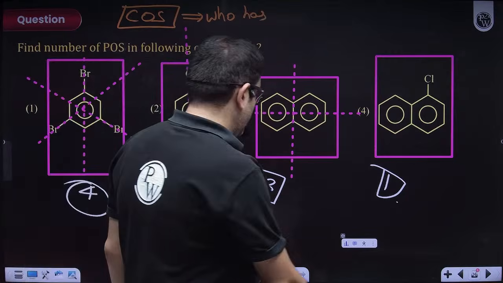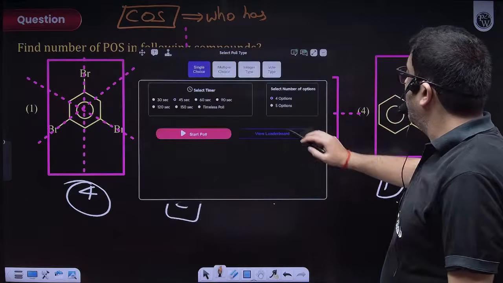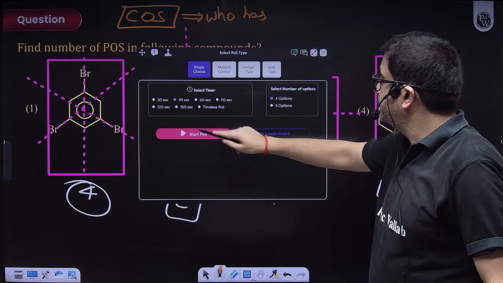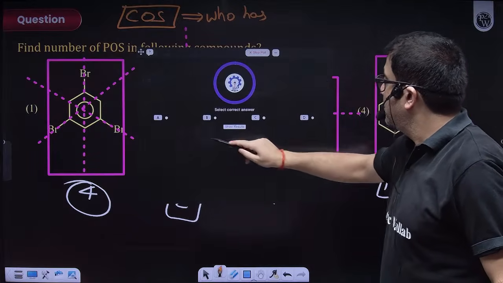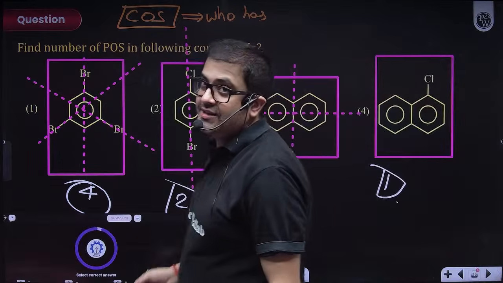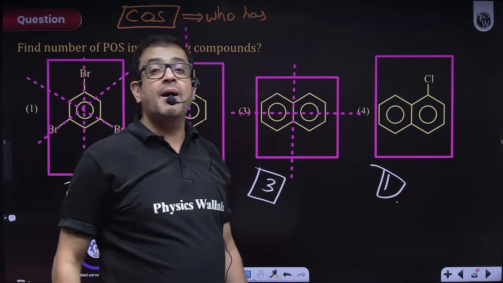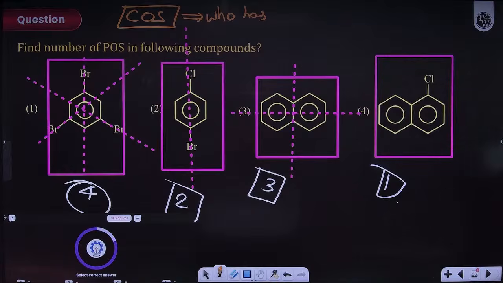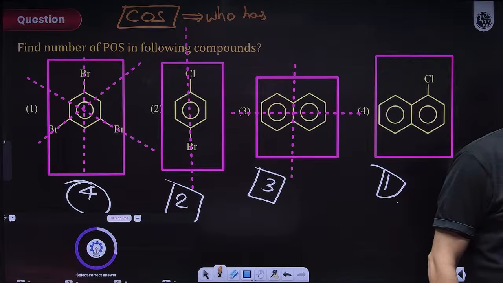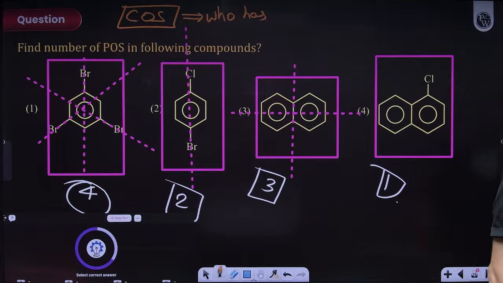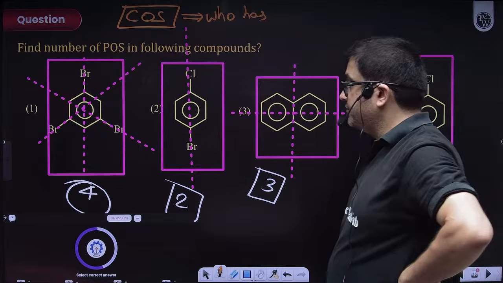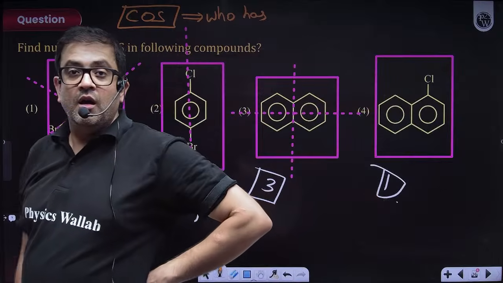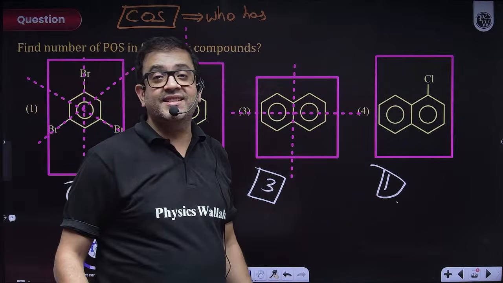Now this is a question for you. 1, 2, 3, 4, as in A, B, C, D. You have 30 seconds. Who among them has center of symmetry?